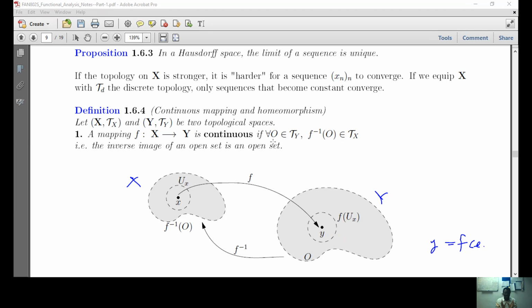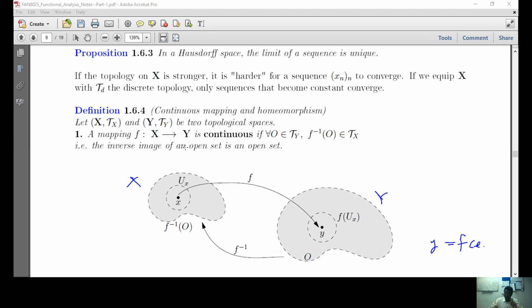Continuity: given two topological spaces X, Y, and a function f defined from X to Y, where X is endowed with its topology T_X and Y with its topology T_Y. The definition of continuity is similar to saying the function is measurable with respect to the topology.